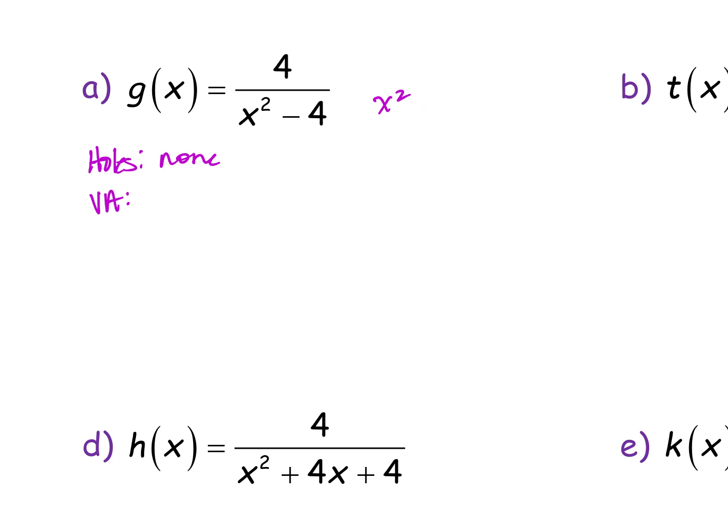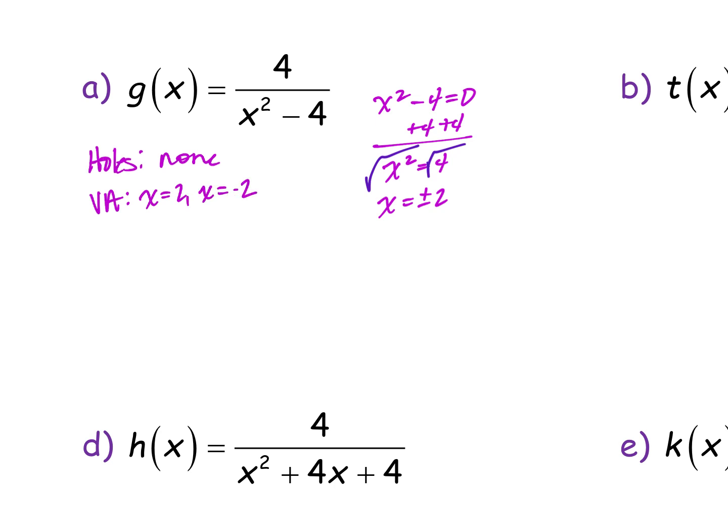Let's try that again. x squared minus 4 equals 0. Then I'm going to add 4, so x squared equals 4. Square root: x equals plus or minus 2. So I've got one at x equals 2 and one at x equals -2.